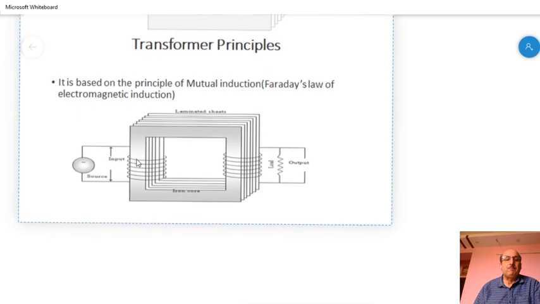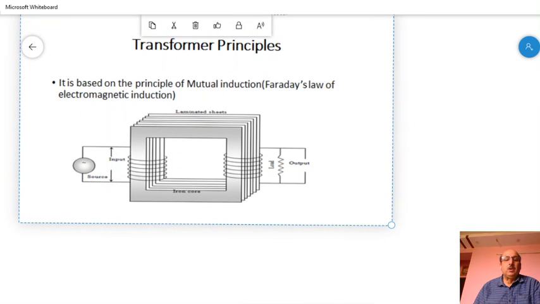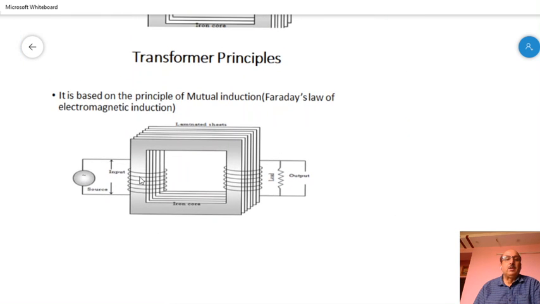A change in the magnetic flux produces induced EMF, and we know the induced EMF is equal to minus d phi by dt, that is the derivative of magnetic flux.